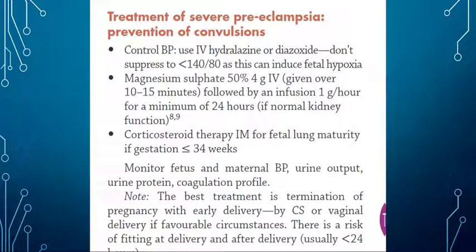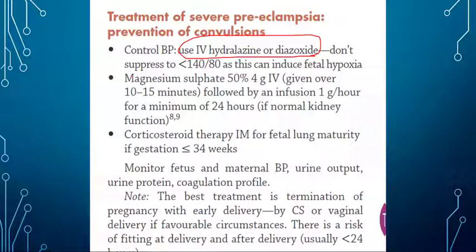While you are waiting to send the patient, you can start oral labetalol or nifedipine. But in the hospital, that patient will need an IV form of antihypertensive, most likely IV hydralazine, IV labetalol, or diazoxide.